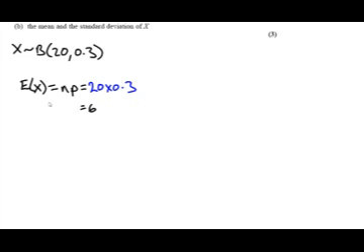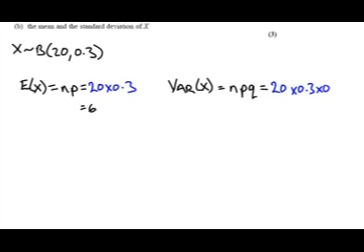Standard deviation, I won't be able to find straight away, but I can find the variance, and I know how those are connected. The standard deviation is the square root of the variance. Now the variance is going to be NPQ. Once again, N is 20, P is 0.3, so Q must be 0.7.